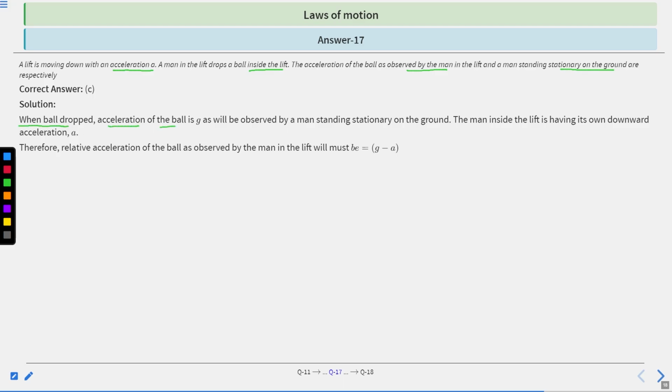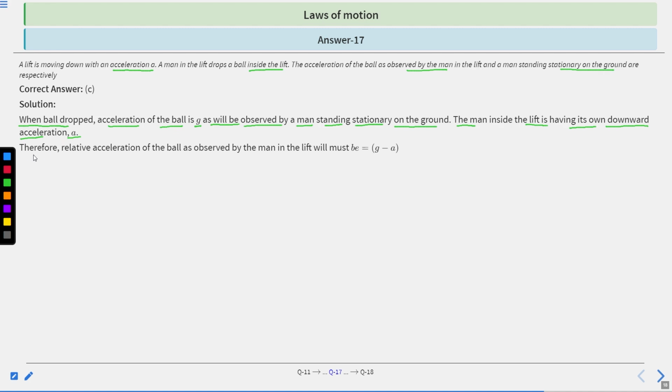the acceleration of the ball is g, as will be observed by a man standing stationary on the ground. The man inside the lift has his own downward acceleration a.